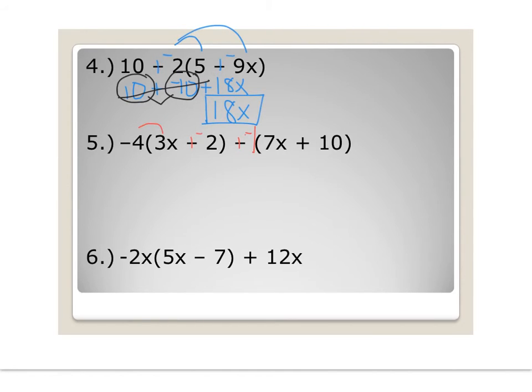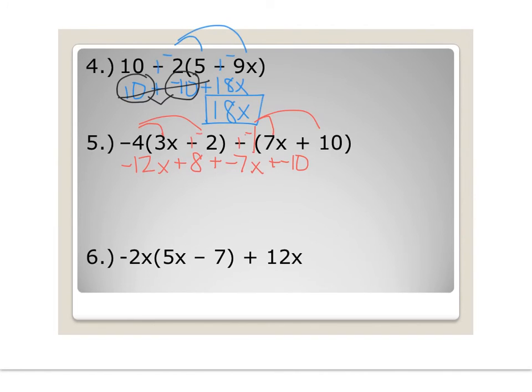Let's distribute this -4 into the first parentheses, I should say: negative 12x plus a negative times a negative becomes a positive, so that will be a positive 8. Plus, distributing this negative 1 into the second parentheses, we end up with a negative 7x plus a negative 10.